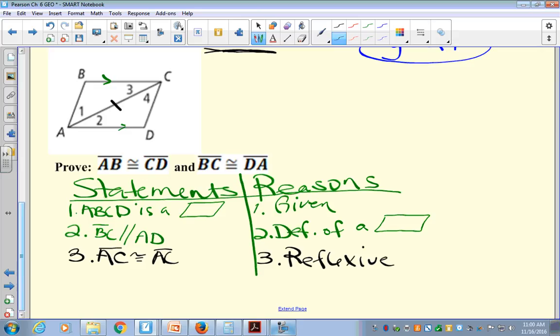And then we're going to say that the angle BAC, oh, angle 1, thank goodness. Angle 1 is congruent to angle 4, because alternate interior angles are congruent.